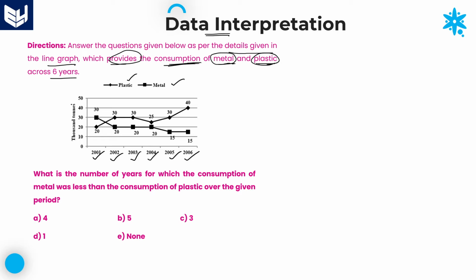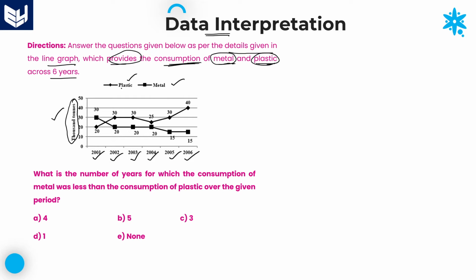If you observe carefully the numbers on the y-axis, all the values are given in terms of 1000 tons. Whatever value is provided in this particular line graph, all the values are in terms of 1000 tons.